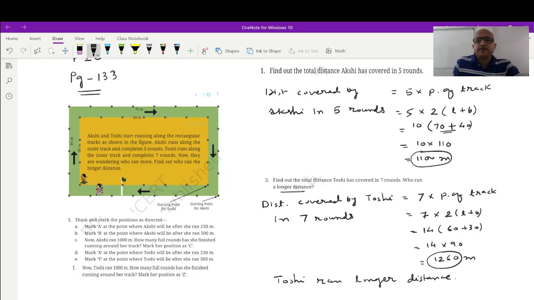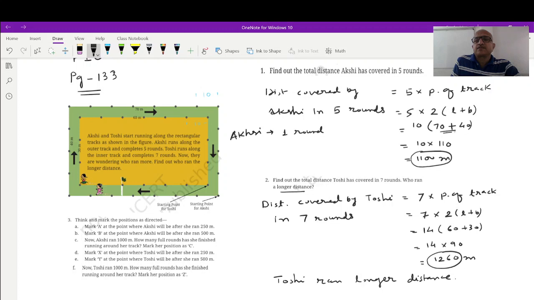So now we understand that for Akshi, in one round, how much distance is covered?